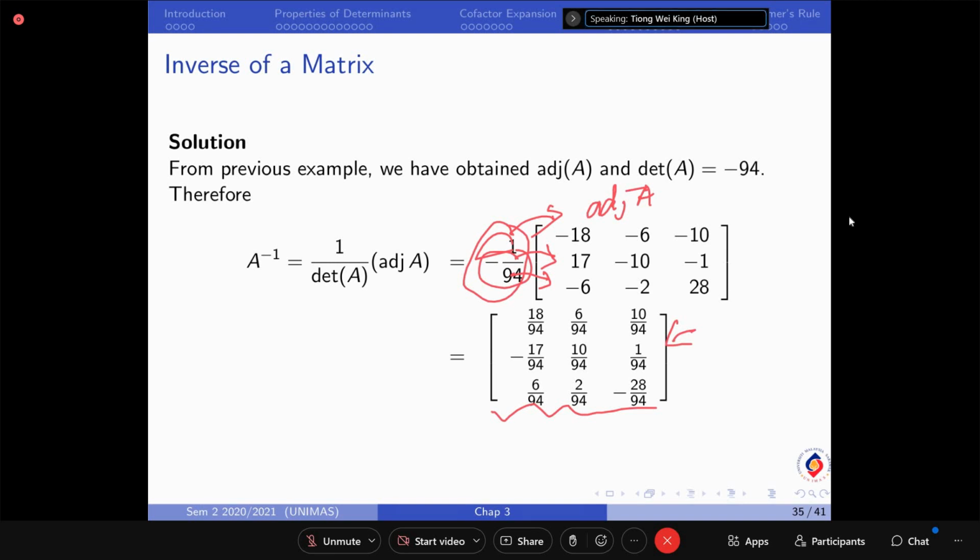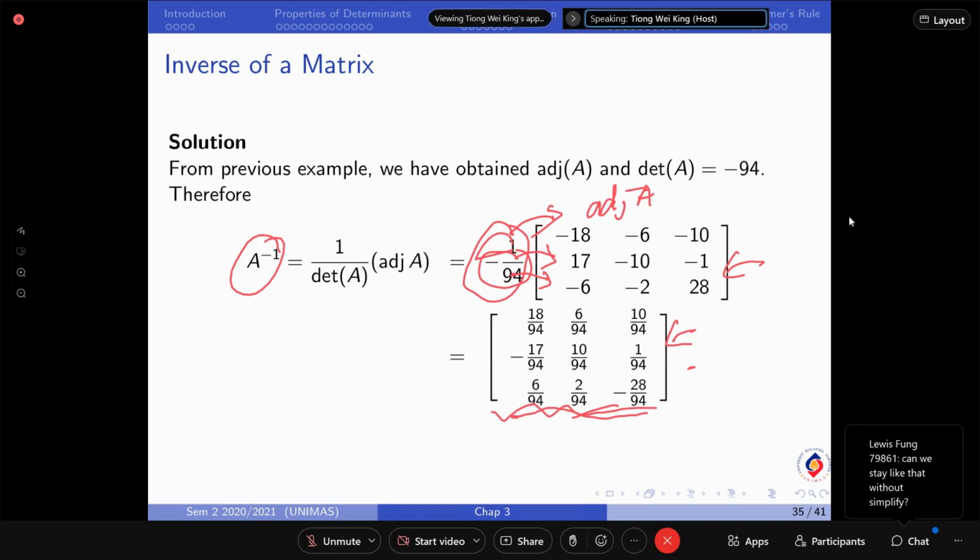For the inverse matrix, you need to write your final answer like this. Otherwise, if you stop here, you will lose marks, because your final answer is this. So that's the inverse matrix using the adjoint. You just multiply in. Not much time needed.